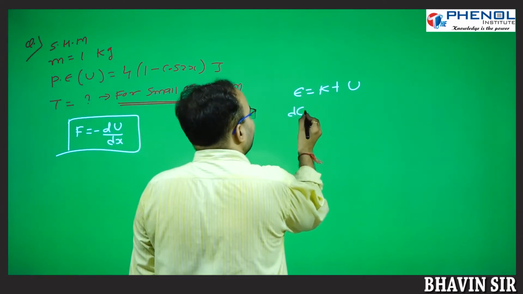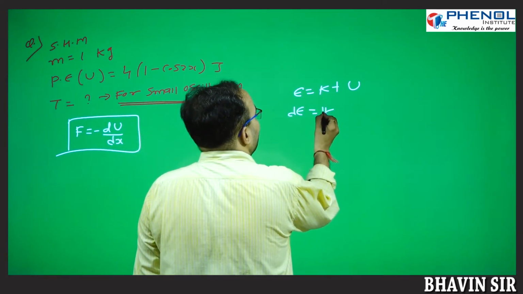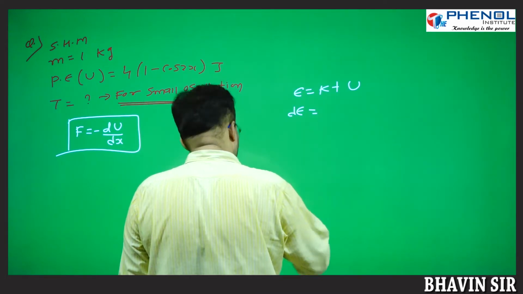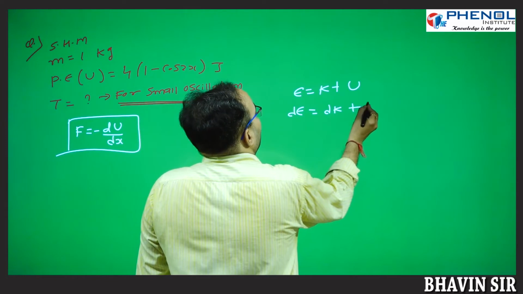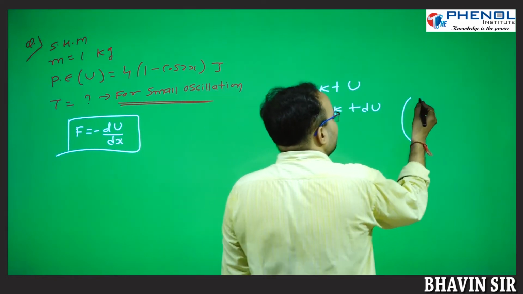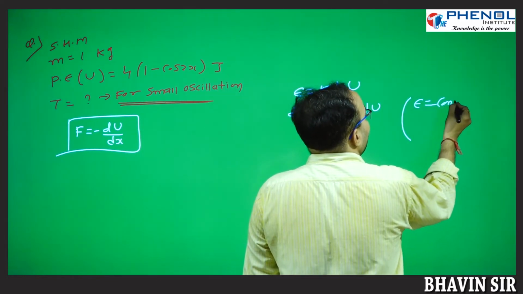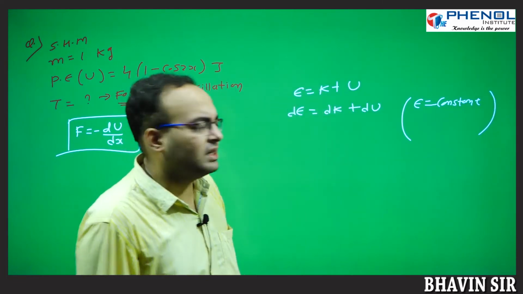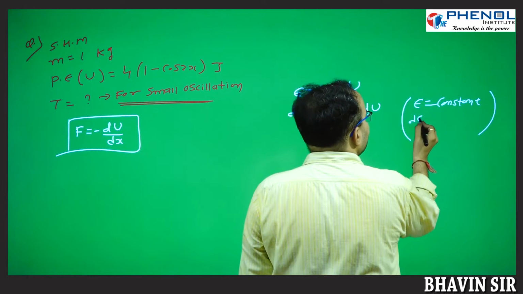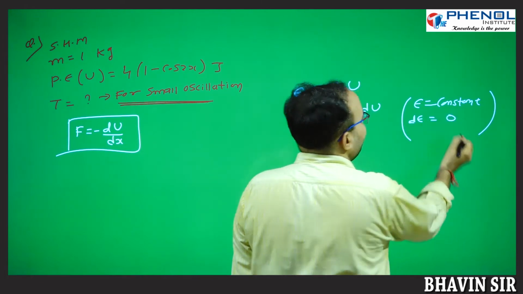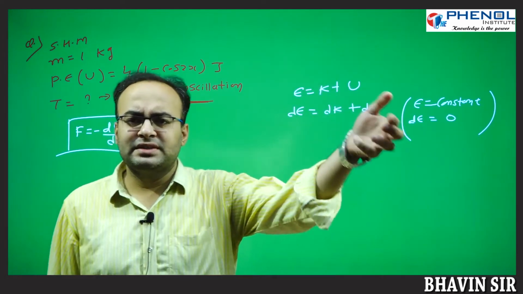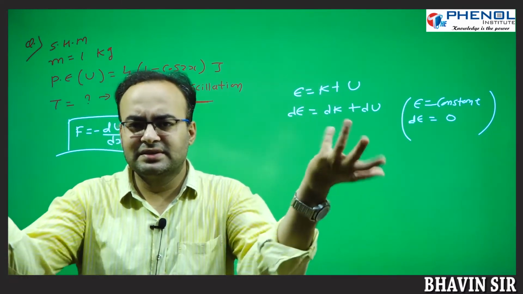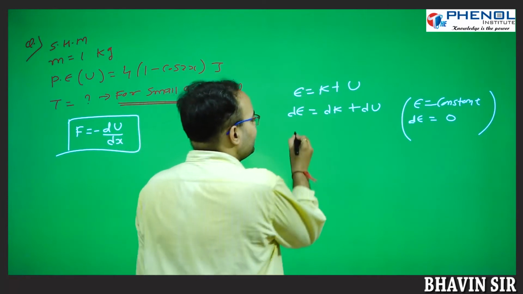Now we take a small change, then students, total energy always remains constant, right? So what is the change in total energy? Zero. D means small change in total energy, but total energy is constant, so its change is 0. So here we write 0.